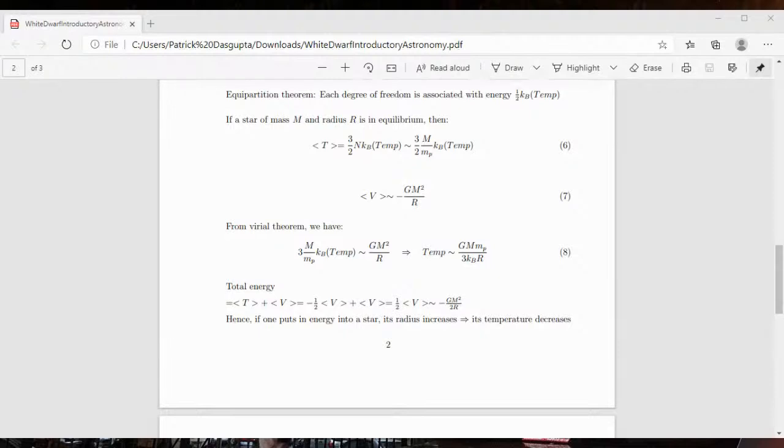That means for a while degenerate pressure will support the core, but eventually it will collapse.